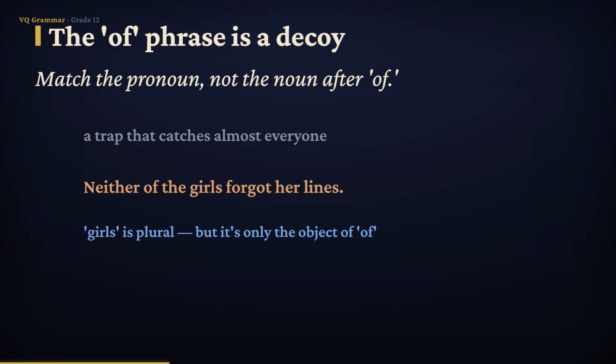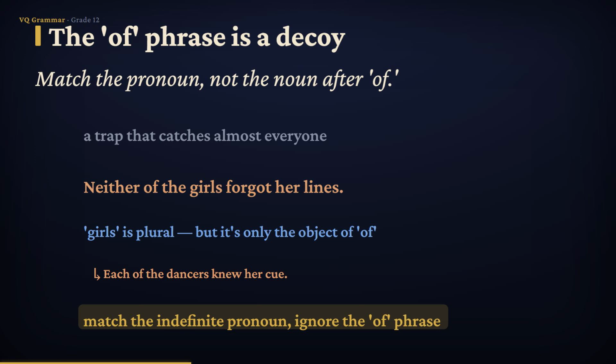The real antecedent is neither, which is always singular. So the pronoun stays singular, her, not their. Each of the dancers knew her cue. Works exactly the same way. Dancers is plural, but each is the antecedent, so the pronoun is her. The rule to remember: match the indefinite pronoun and ignore the noun in the of phrase.